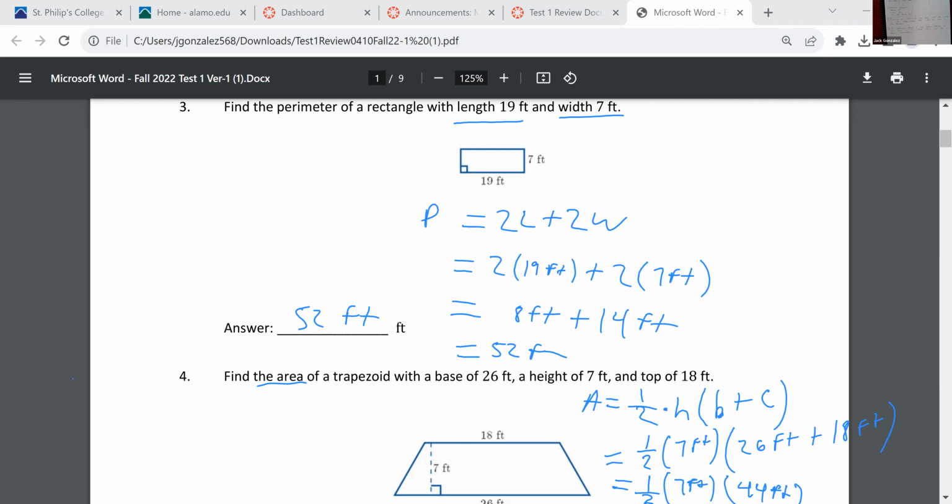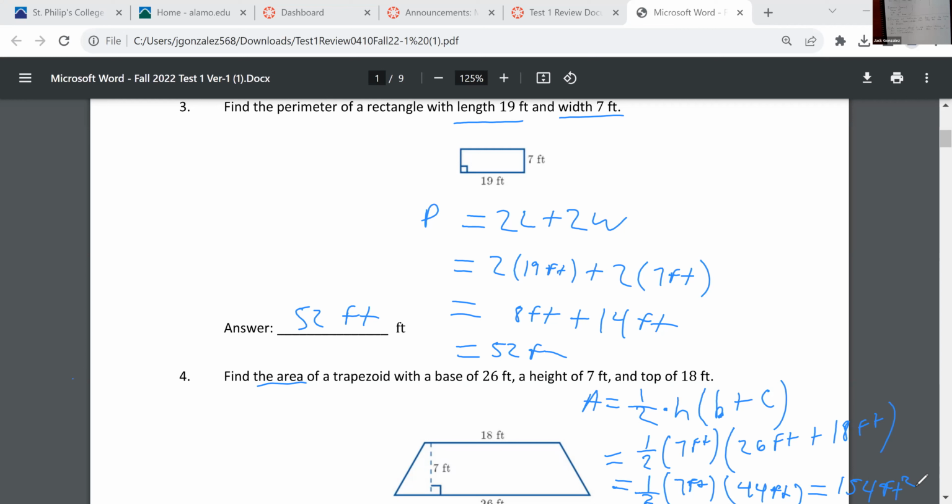Or one of them in half times the other, right? Half of 44 is 22 times 7. Might be easier. We get 154. 154. Everybody agree? I don't know the answer. Does seem right.